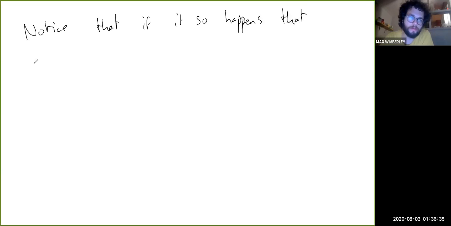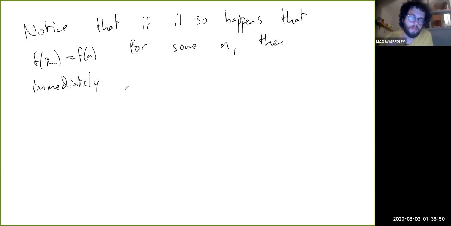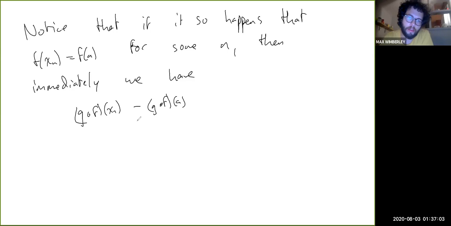So notice that if it so happens that f of xn equals f of a for some n, then immediately we have g compose f of xn minus g compose f of a over xn minus a is just 0, okay?